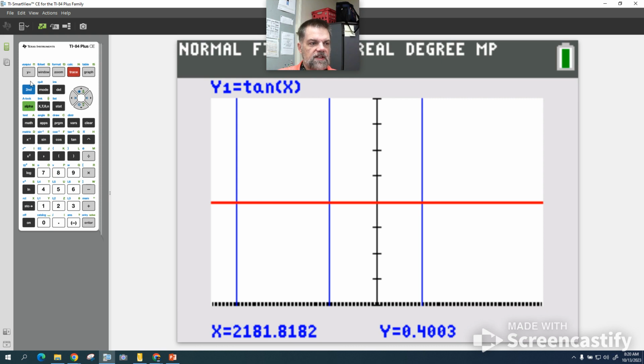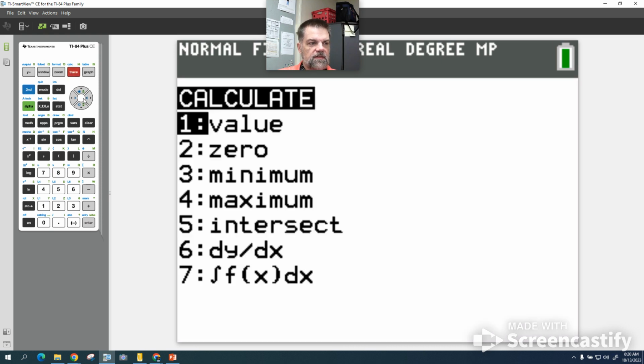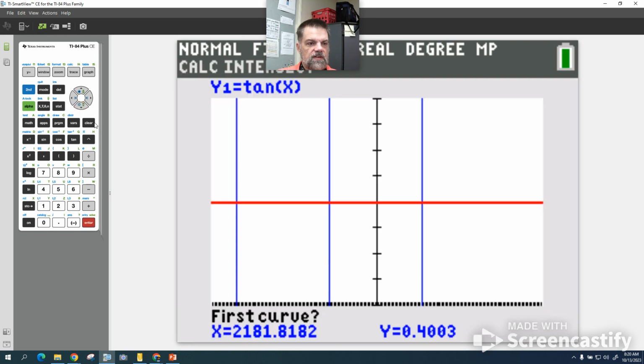Let's calculate. Watch this. Here's a little thing if you guys want to follow along. If you hit second trace and it says calculate, this is how we actually find the intersection. So my first curve, boy, this is going to be crazy. There it is.